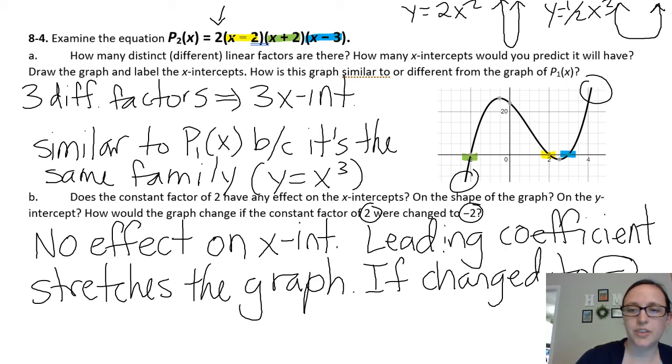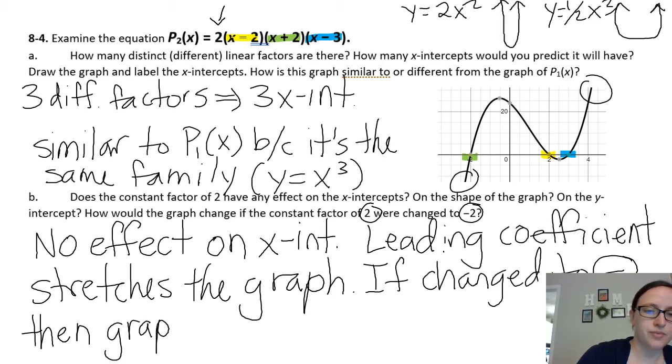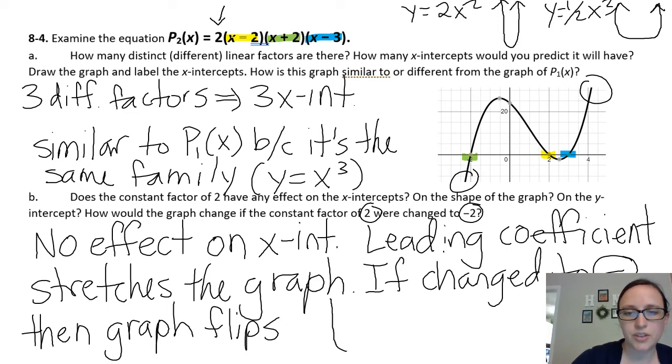I'm just going to write that to represent negative. So this graph would look like this instead. So it'd start in the positive direction and end in the negative direction.